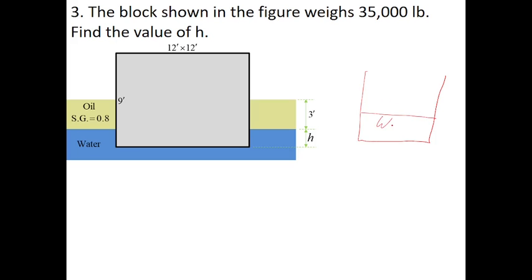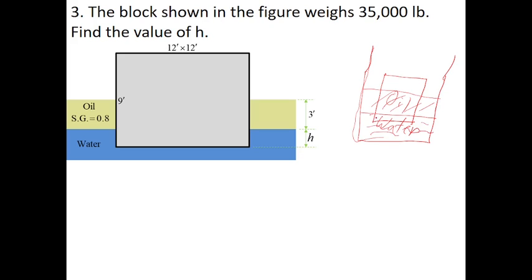Ito, water. Tapos, meron ka ditong oil. Tapos, merong nakababad na object dyan. Okay? Tangke. Ito yung tangke, yung nasa labas. Tapos, may nakababad na block. So, sabihin, dalawa yung consider natin. Isa para sa oil, isa para sa water.